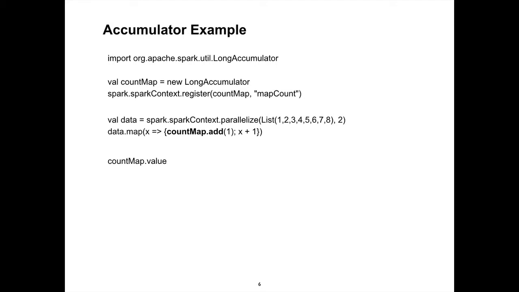And then that's how we can access it. Then any worker can add a value to it, and it accumulates the results. So here the workers are just adding one every time this map function is called on each value, and then the main master program can read that value.